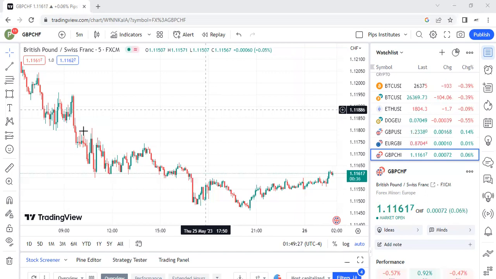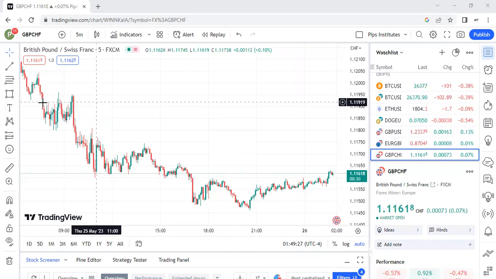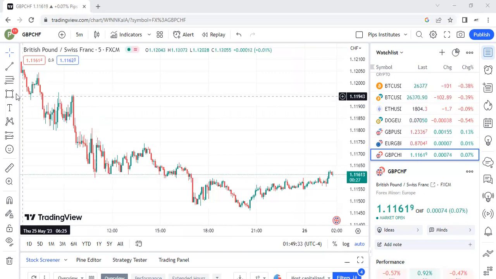Before we go into the charts, let us take a look at what a breaker block really is.